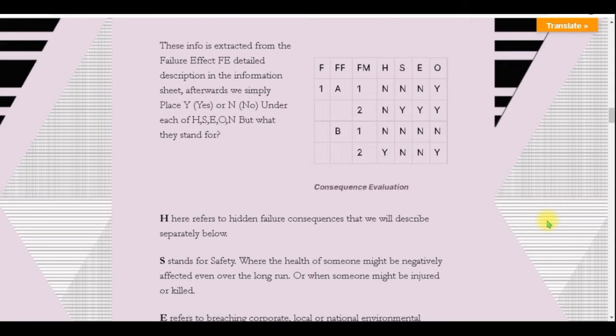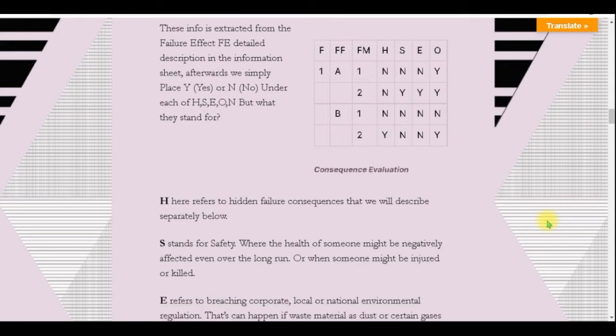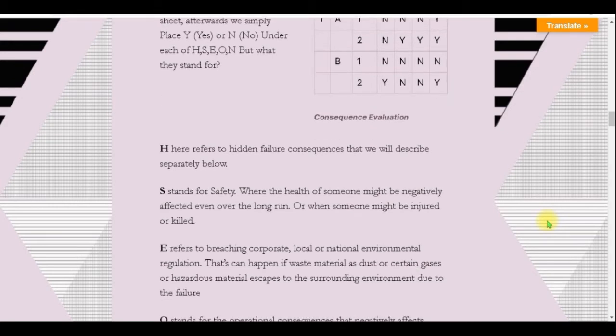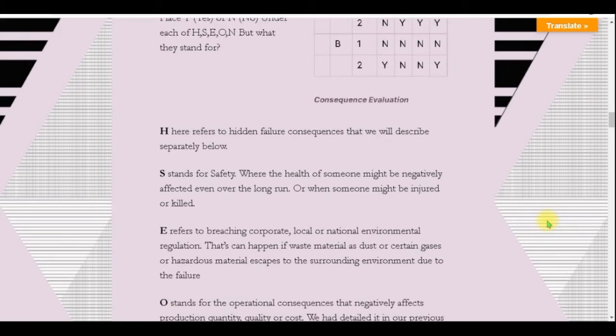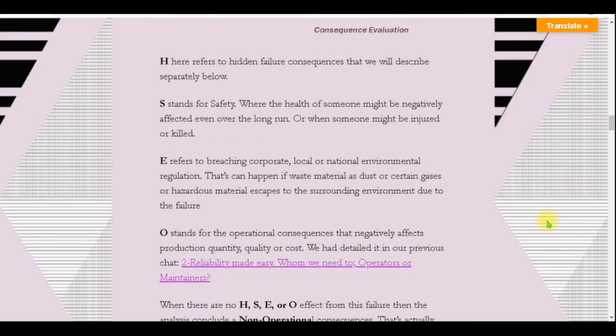Safety: any safety condition that you are creating or that causes some health problem to the employees, either a health problem that affects them in the long run, or an immediate one, an injury or something like that. That's for the S. For the E, environmental, it is breaching any environmental rules, either internal, external, national, whatever environmental rules you are following.